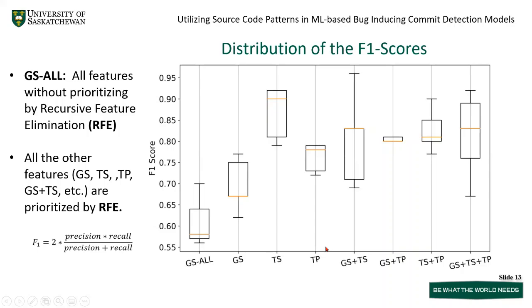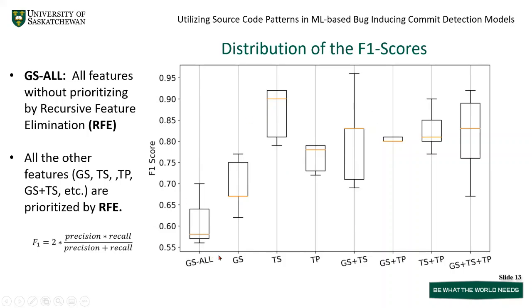And when we take token sequence features, the F1 score improves considerably compared to both of them. In all the other cases, the F1 score is higher compared to these two feature values.